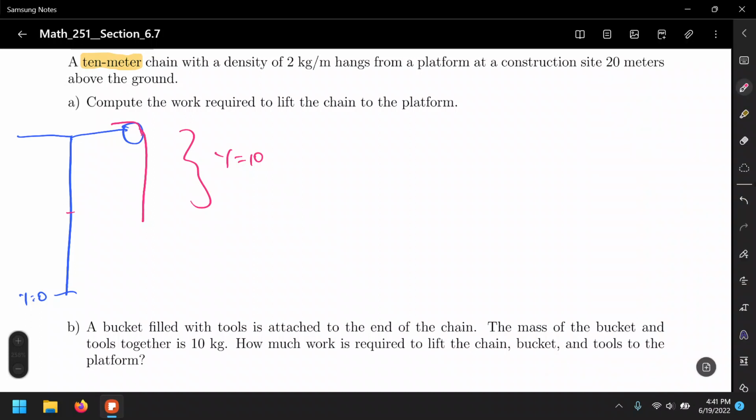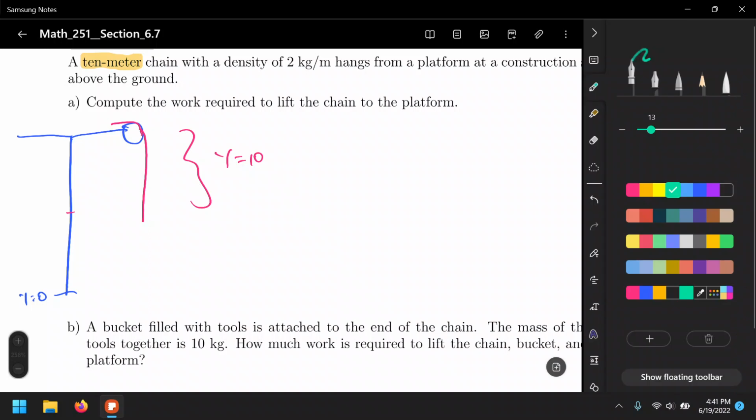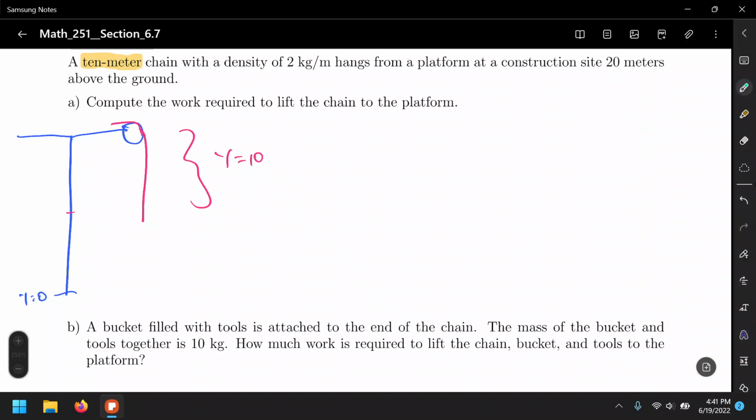So as usual, we're going to look for the differential for one little tiny piece on the chain. If this is y, this is 10 minus y. These are the 10 meters right here, the whole thing.